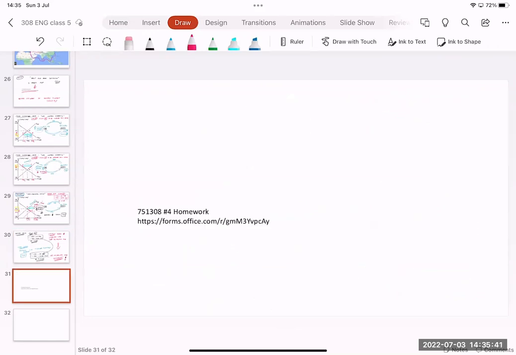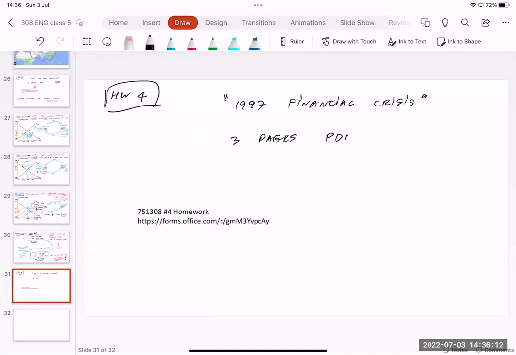So this is the other homework, homework 4. Today we learned a lot. For homework 4, I want you to do research on Google about the 1997 financial crisis, or you can watch it on YouTube, and write it down in your own language for 3 pages, in a PDF file, and submit it here.